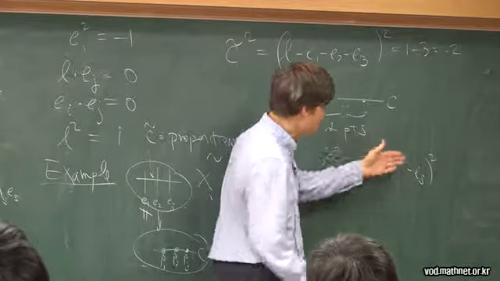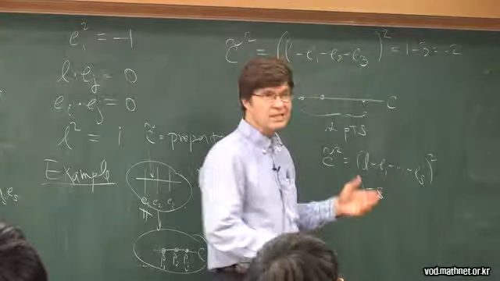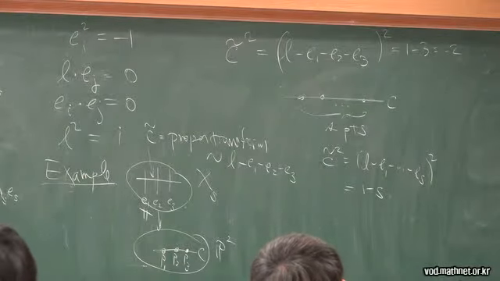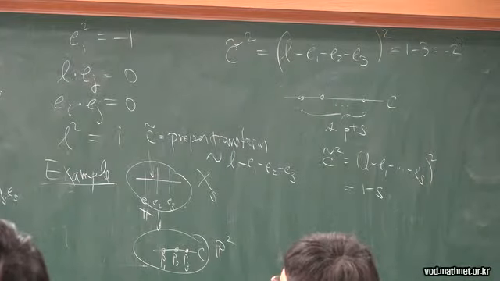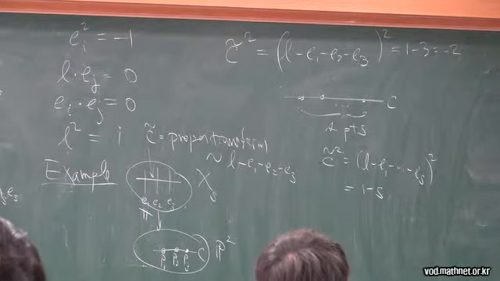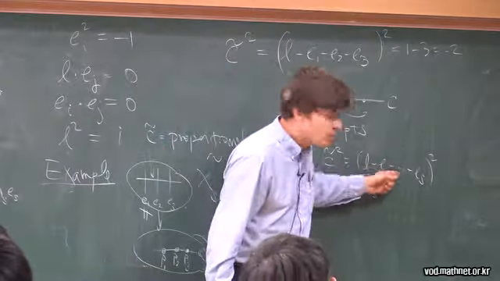This will be 1 minus s, so this is going to be arbitrarily negative. Just take more and more points. So that might make this question, how negative can the self-intersection be, silly. It can be arbitrarily negative. But to do this, we had to take more and more points.